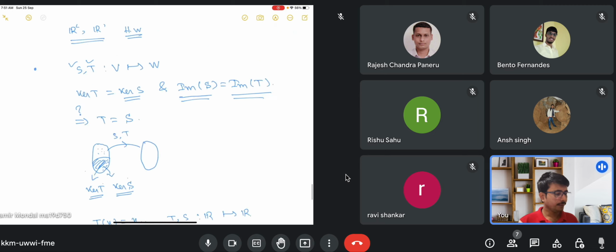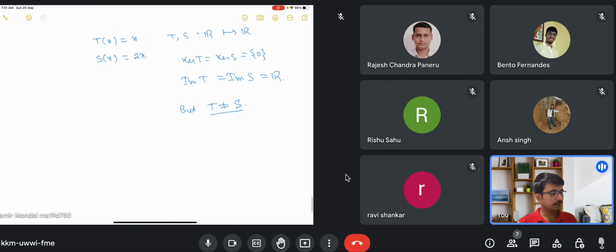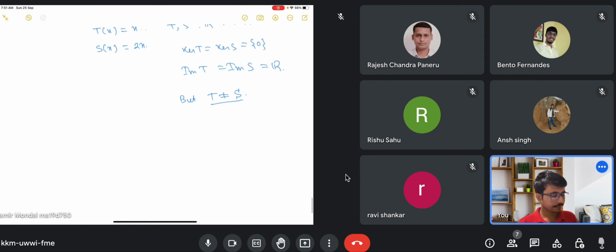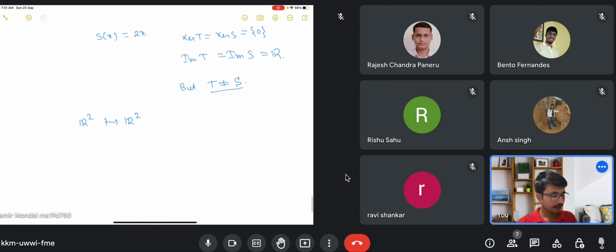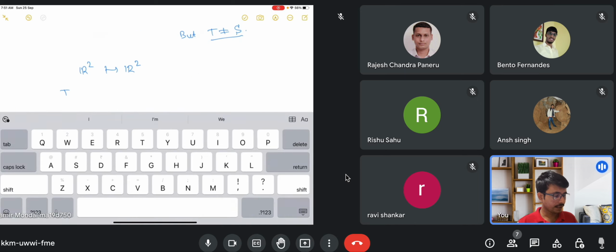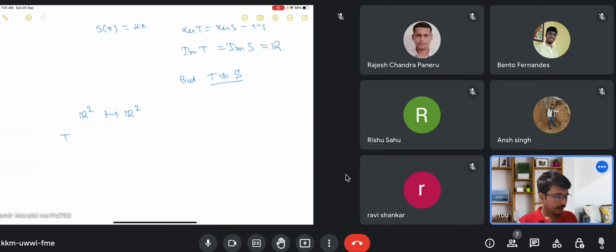If you accept this one, you can take R2 to R2. Take one T, I define T like that: E1 goes to 0, E2 goes to E1.